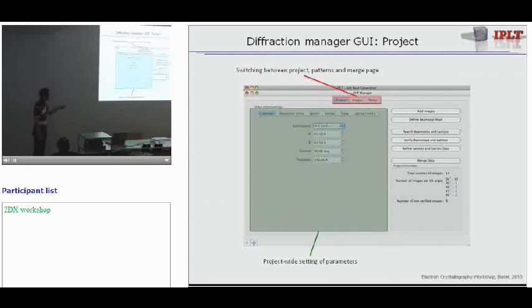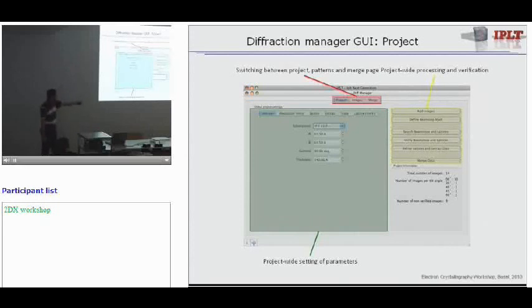And here in the graphical user interface, you can change all these values. You can also change it in a text file if you want, with a text editor manually. And these are used project-wide for all of the diffraction patterns. You have afterwards the possibility, if you have to, to also modify these parameters for individual patterns. So if you have some pattern that needs some tweaking for the processing, you can do that.